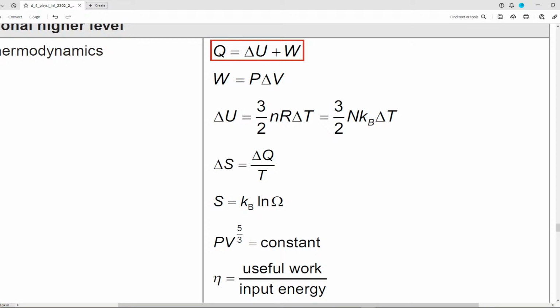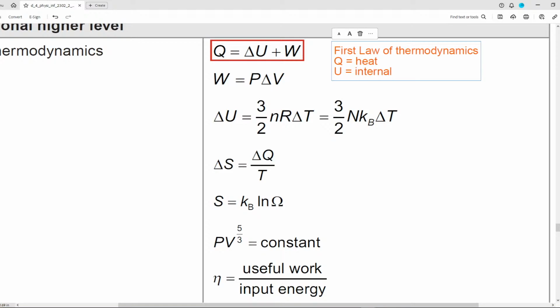This one is just the first law of thermodynamics, which says Q, the thermal energy added or removed from a system, will have to either change the kinetic energy, the internal energy, basically.